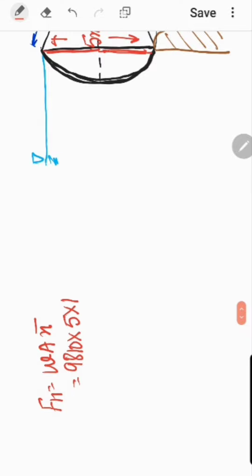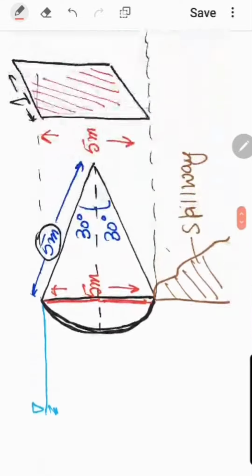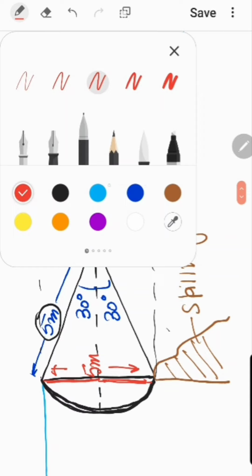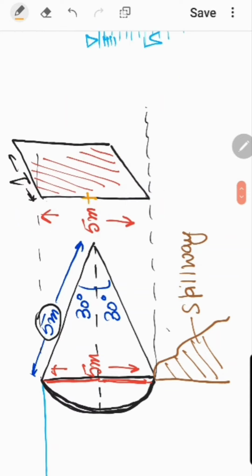X bar is the distance of CG from the free surface. As it is a symmetric figure, the CG is going to lie exactly in the center, and the distance of CG from the free surface of water is going to be 2.5 meter.